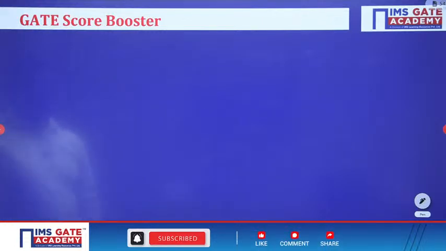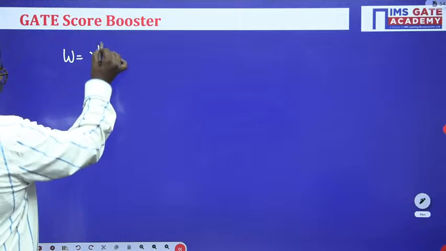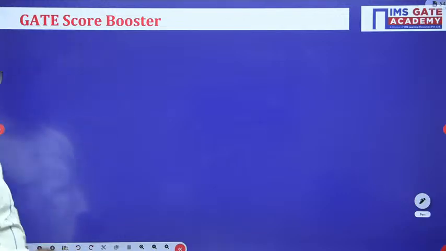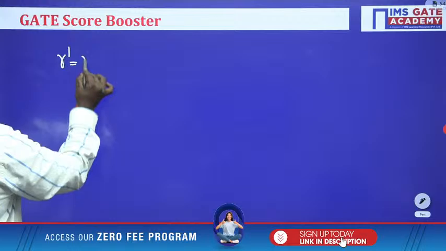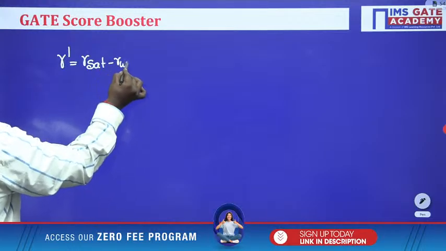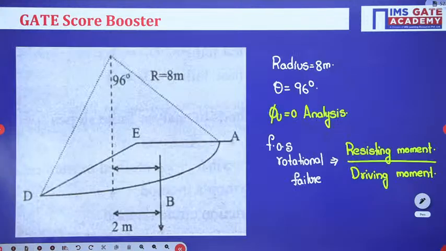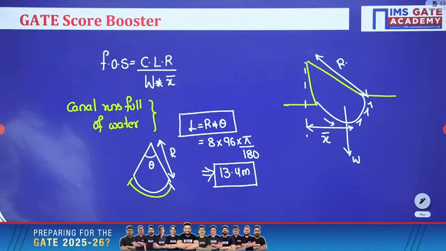Now see, students, how to find out weight. Here it is a submerged case, so you should use gamma dash. When the canal runs full of water, you should use gamma dash. So gamma dash is equal to gamma sat minus gamma W. If you see here, they have given C value as 25, gamma sat as 20.